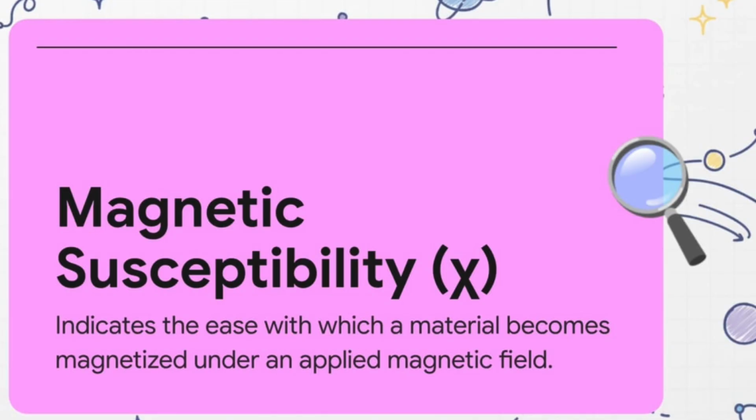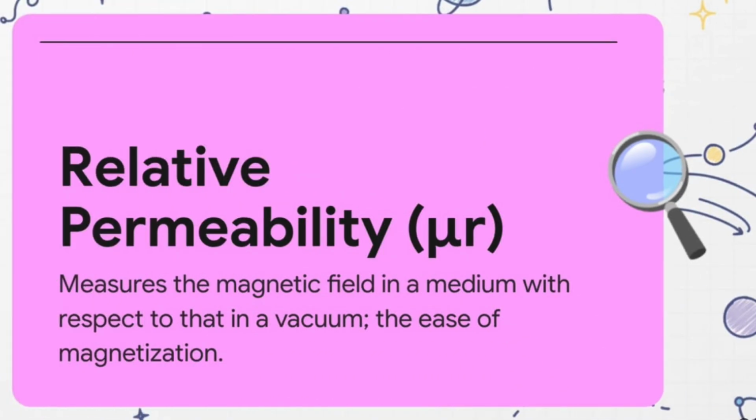But something with low susceptibility, like a piece of wood, just doesn't care. And finally, there's permeability. This one is really important. It measures how well a material can support and even amplify a magnetic field. Materials with higher permeability can actually gather up magnetic field lines and concentrate them, making the field inside way stronger.